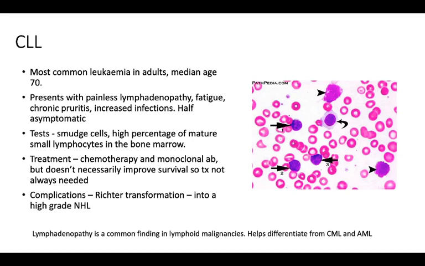But in some cases patients are treated with chemo and MABs. One of the complications to remember about CLL is the Richter transformation, which is when a CLL transforms into a high-grade non-Hodgkin's lymphoma. This is different from CML and all the acute leukemias as well. So just keep that in mind.